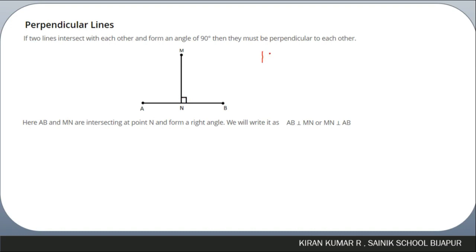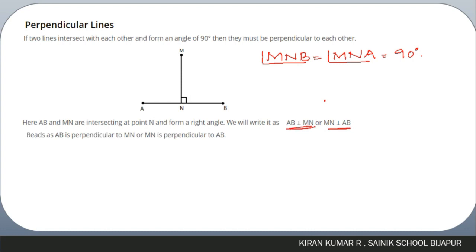We can write this angle MNB, which is the same as angle MNA, and both these angles measure 90 degrees. We say that AB is perpendicular to MN, or MN is perpendicular to AB. It is read as AB is perpendicular to MN, or MN is perpendicular to AB.